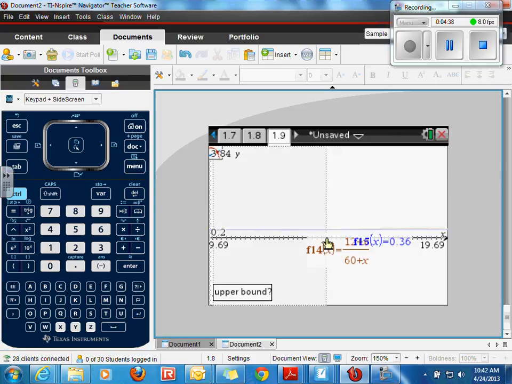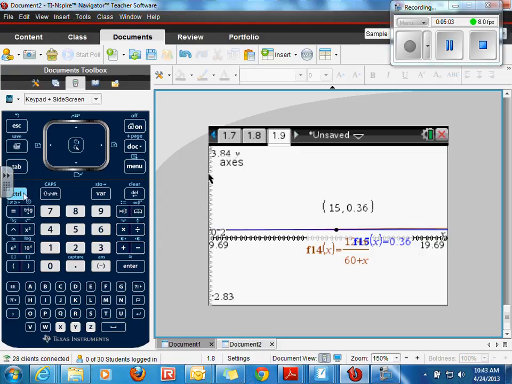And let's see, can we find it? Oh, there it is. So it got the intersection at 15.36. Remember, 0.36 is the y value there. That's what it was supposed to be equal to. That's happening when x is 15. So that's the way to do that using a graph on the calculator. You have to mess with your window a lot and zooming, but you can find it.